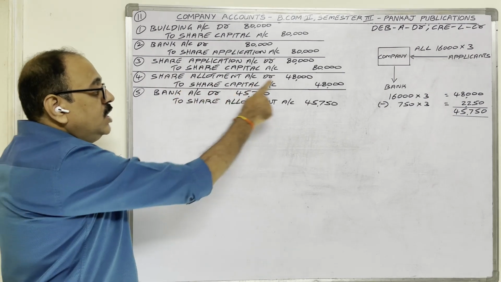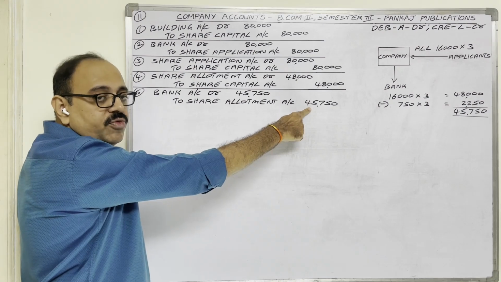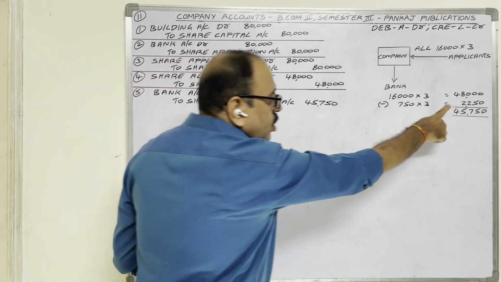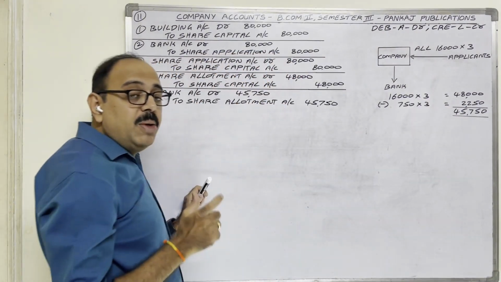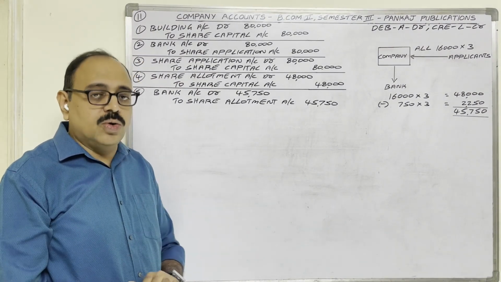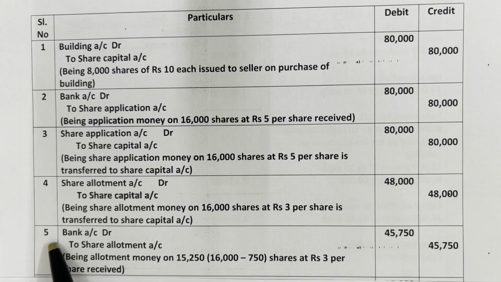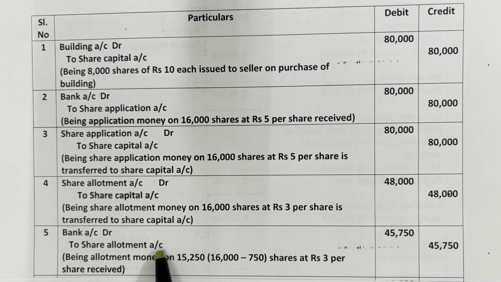Now observe one point. Share allotment account is debited with 48,000 but credited with 45,750. So the difference, 2,250, is a debit balance in share allotment account. So share allotment account is not yet closed. It is showing a debit balance of 2,250. Fifth entry, bank account debit to share allotment account.